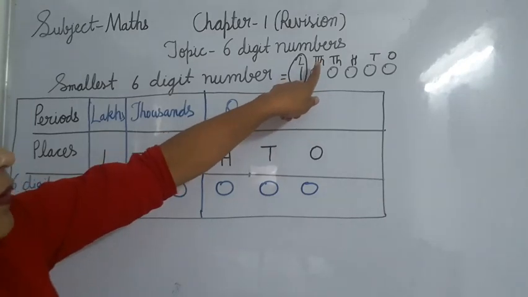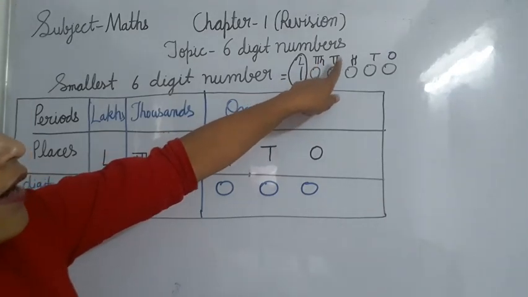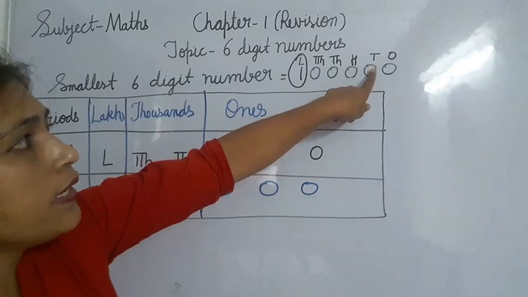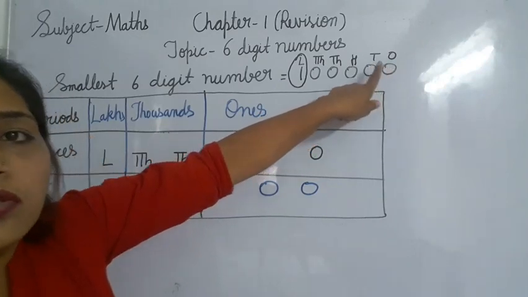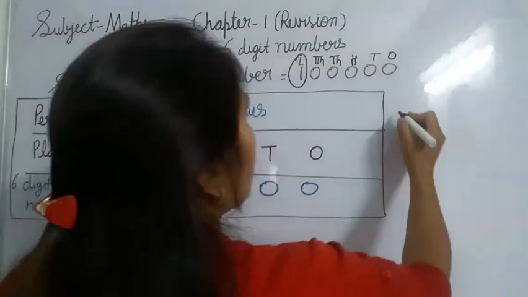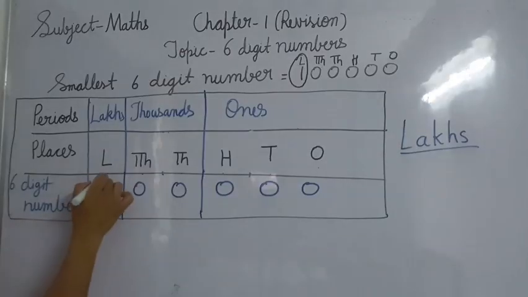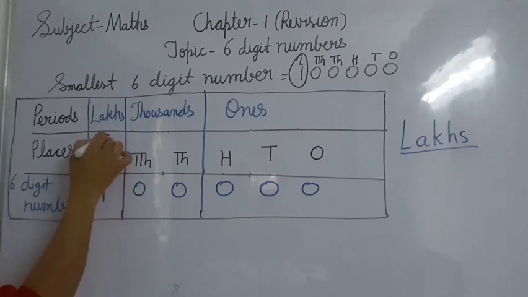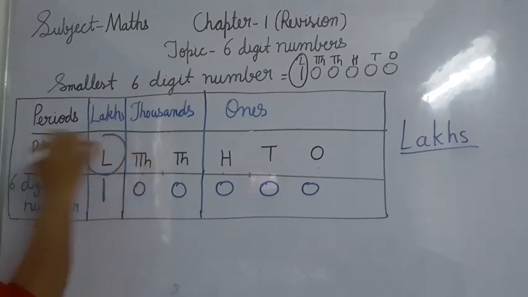Like 1000 is represented with TH, 100 with H, tens with T, ones with O, we represent lakh with L.